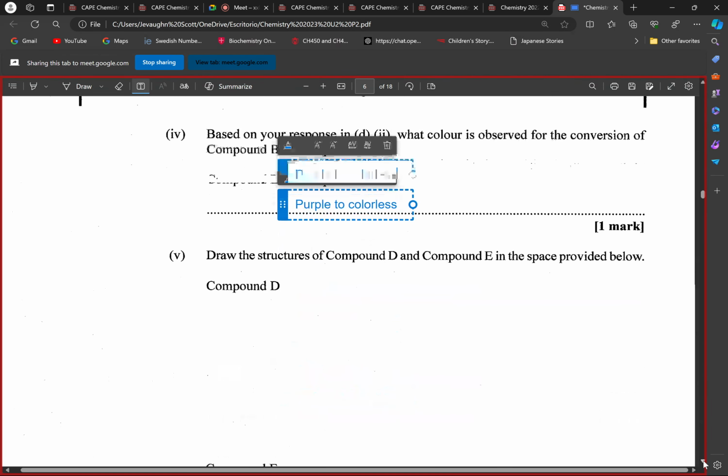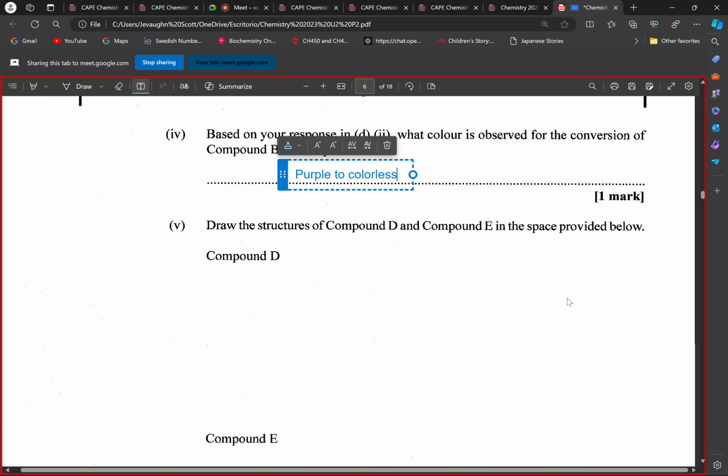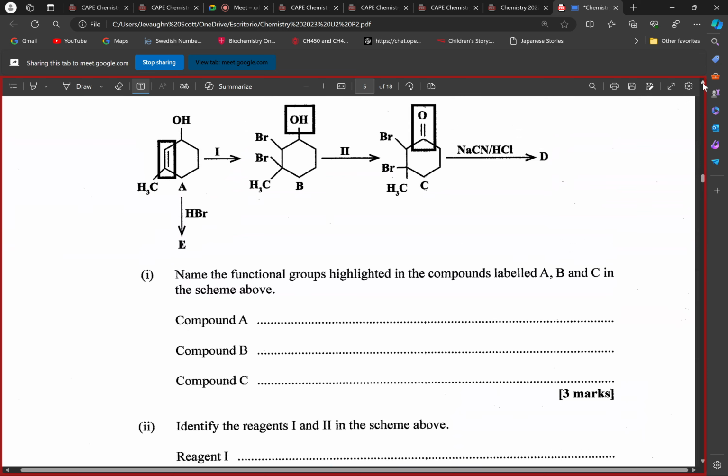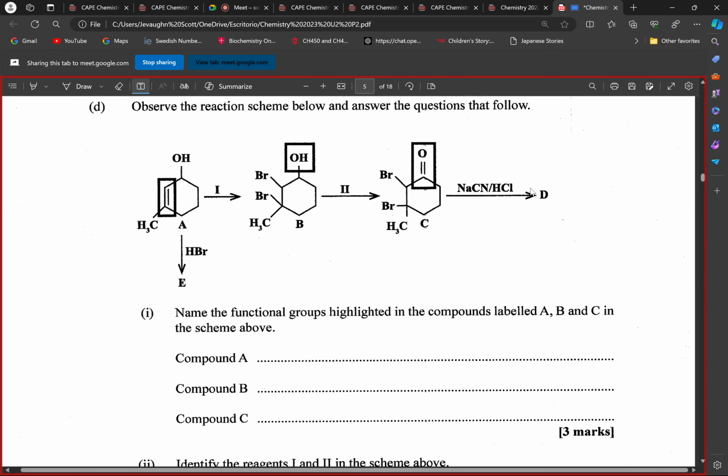Draw the structures of compound D and E in the spaces provided here. Why will we have to draw the structure of compound D and E? Is it that it's unknown? Oh yeah, it is unknown. Okay, so compound D, what would that be? What's happening for compound D?